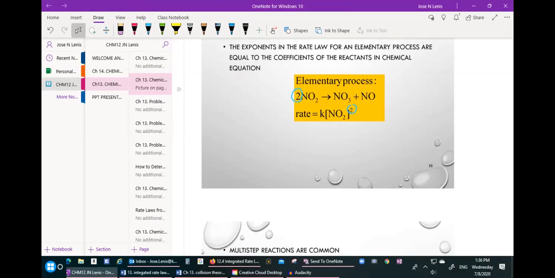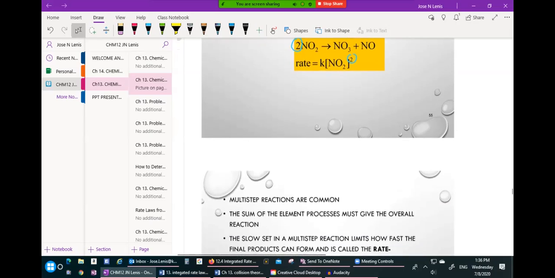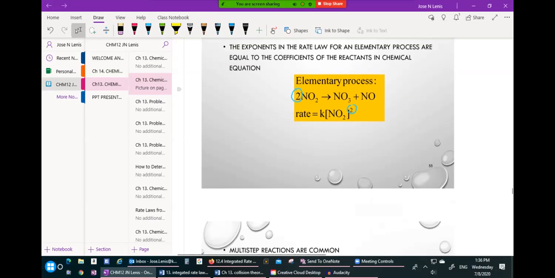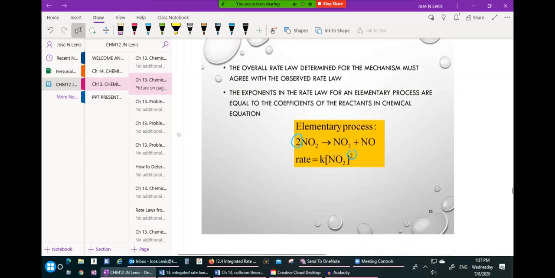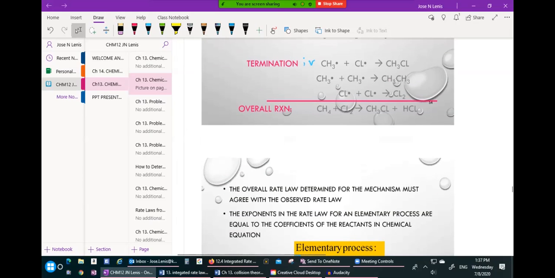If you have an elementary process, you can use the stoichiometric coefficients of that reactant, and that will be the order of the reaction with respect to the concentration of that reactant. I'll give you more examples. Again, you can do this only if you have an elementary process. You cannot do that if you have an overall reaction. For the overall reaction, you need to run the actual experiment.